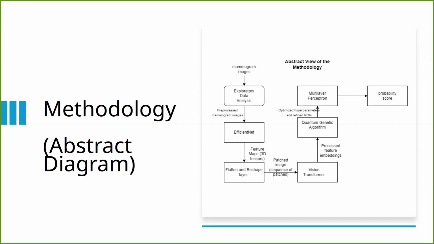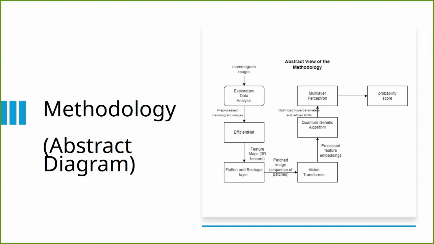We oversample the minority class to be the same as the majority class. Then we also do things like checking the contrast, the brightness, the artifacts in the images. We do some denoising. We also, if need be, apply some filters and all that. So the output of the EDA is pre-processed mammogram images, which now go through the EfficientNet.